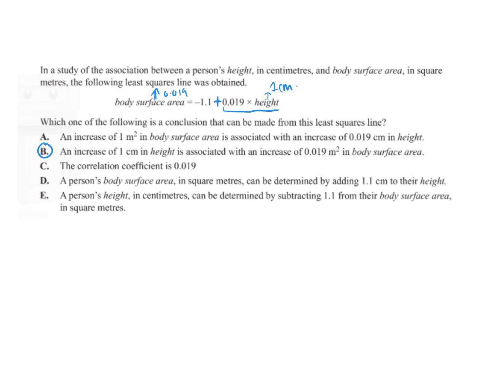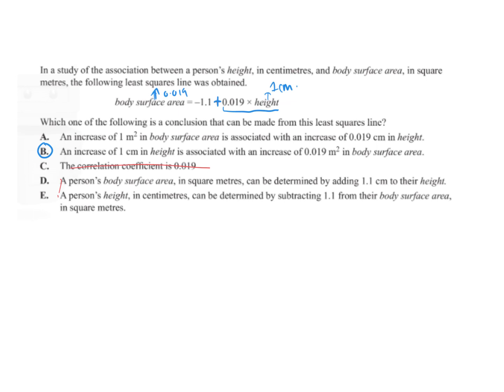Okay, the next one, you should have been able to hopefully eliminate. The correlation, it's not that. That's the B value listed in there. Get rid of that. And these last two were questions. Whatever they're saying, 1.1, they're using the A value. We would never interpret anything like that. They're very gross statements anyway.